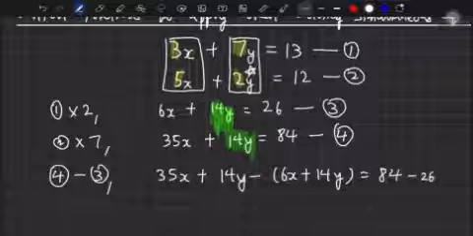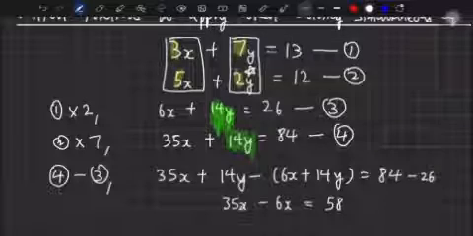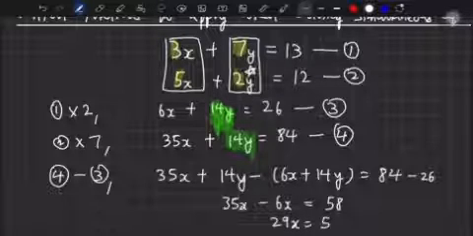So with this, I will have 35x minus 6x equals 58. So this is 29x equals 58, x equals 2.